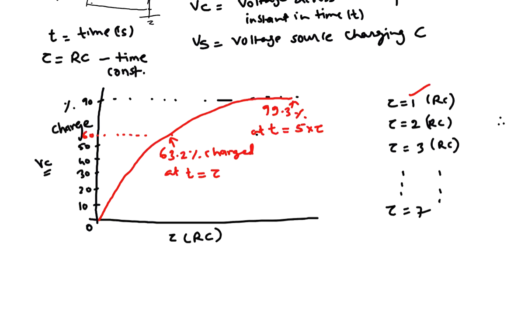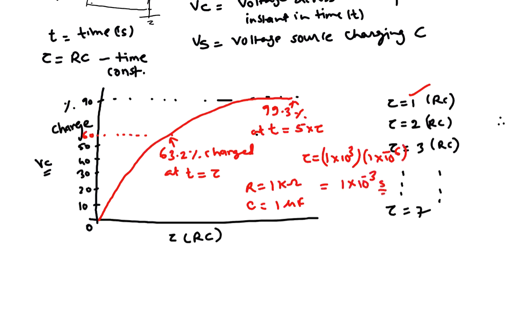Now, what is the value of R and C? You can say that R equals any value that you have in a circuit, let's say 1 kilo ohm, and the capacitance is 1 microfarad. So your tau will be 1 times 10 to the power 3 times 1 times 10 to the power minus 6, which is 1 times 10 to the power minus 3 second.